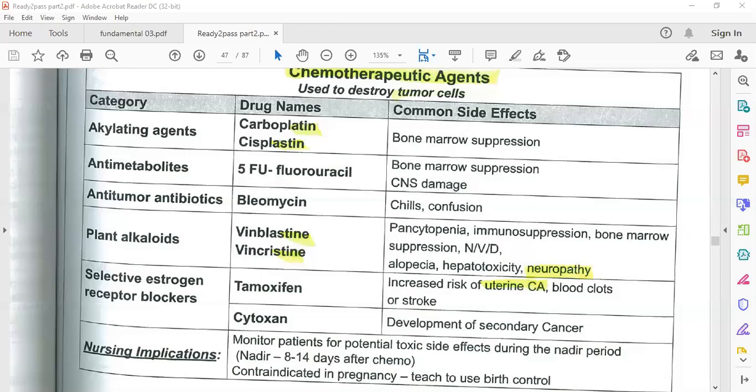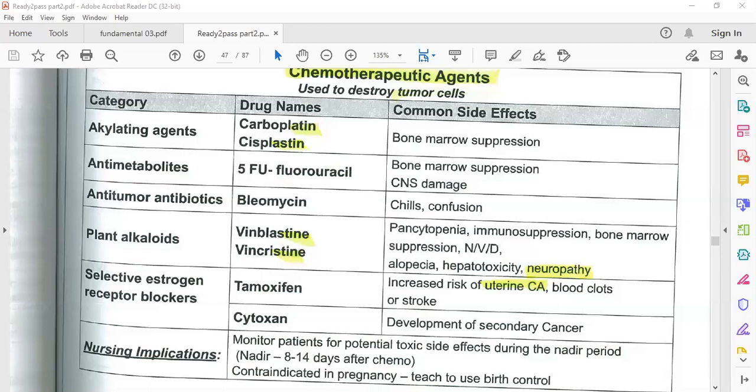Also used in the prevention of graft versus host disease in organ transplant patients. For example, a patient has a kidney transplant, and after the transplant, the patient develops rejection.